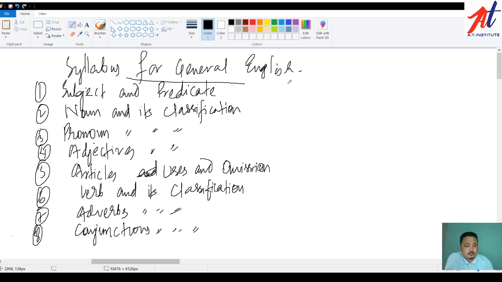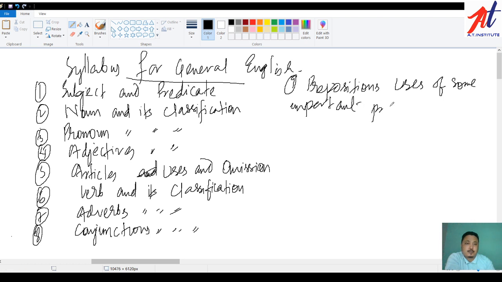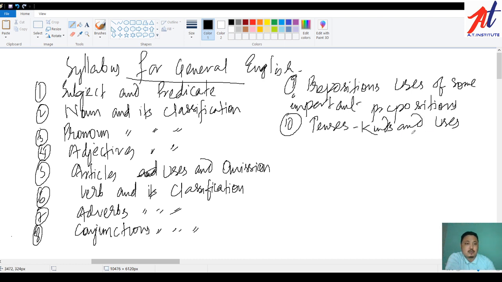Nine we have is prepositions, uses of some important prepositions. Then we have tenses, kinds, and uses.